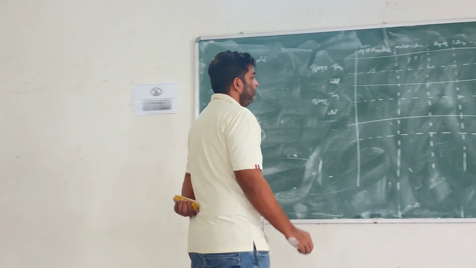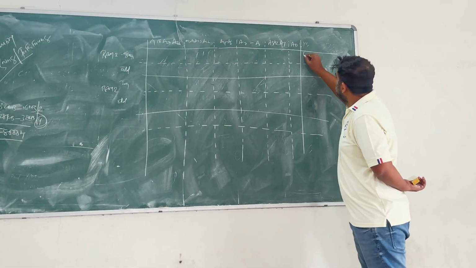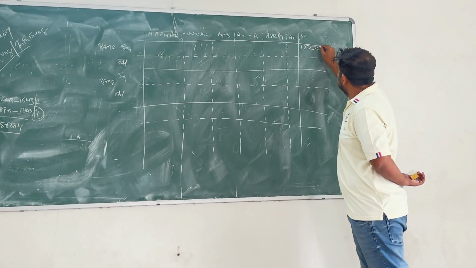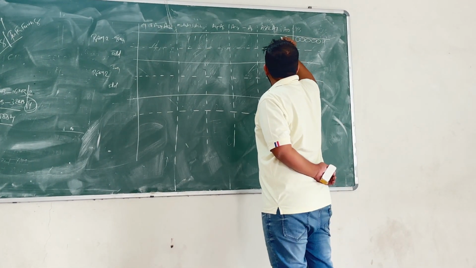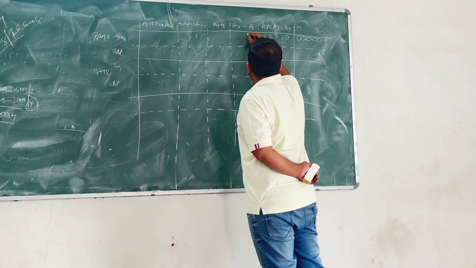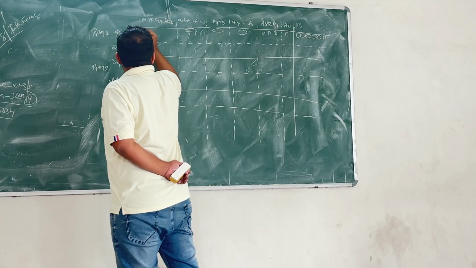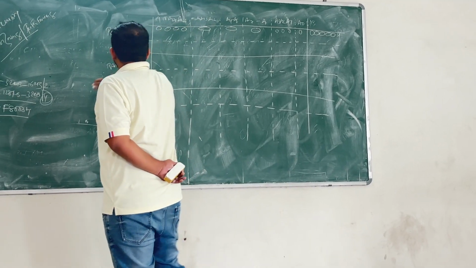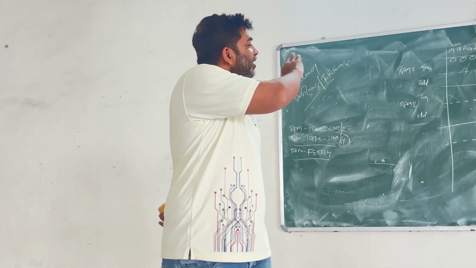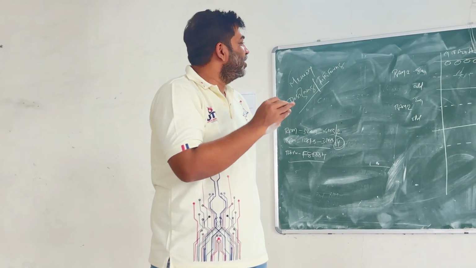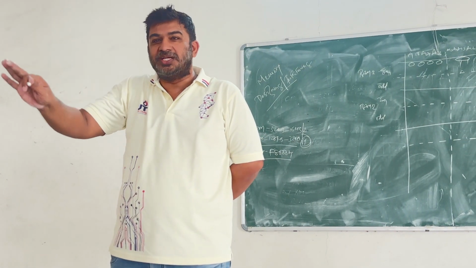Now we already know the starting address of RAM. What is the starting address of RAM? Initial location 00000H. Simply write it down: 0, 0, 0, 0, 0. There are four binary zeros for A12 to A15.